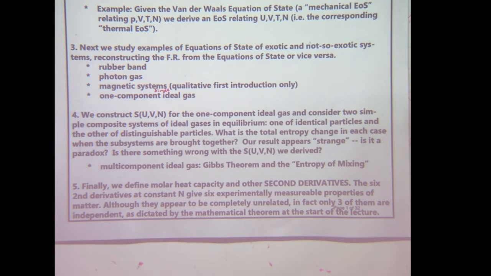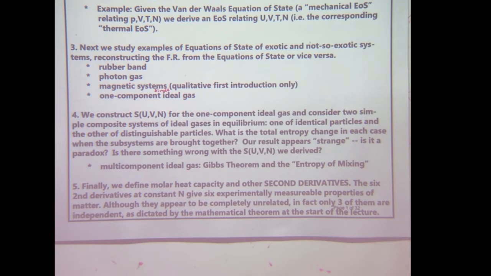Suppose that the partition is taken away so that the gases in each chamber can mix. What's the change in entropy in each case? What you'll find is that, except for trivial cases, there is a difference in the change in entropy. And the question is why.